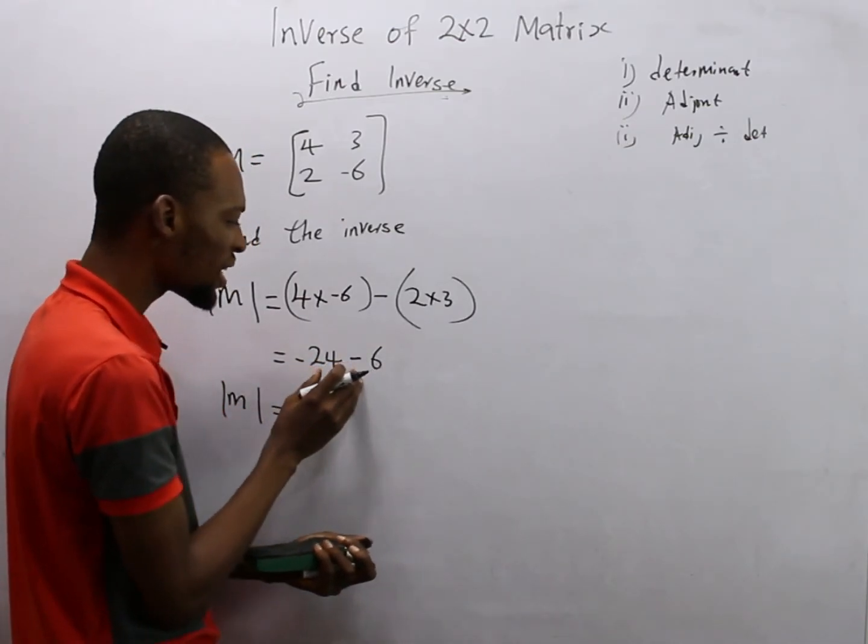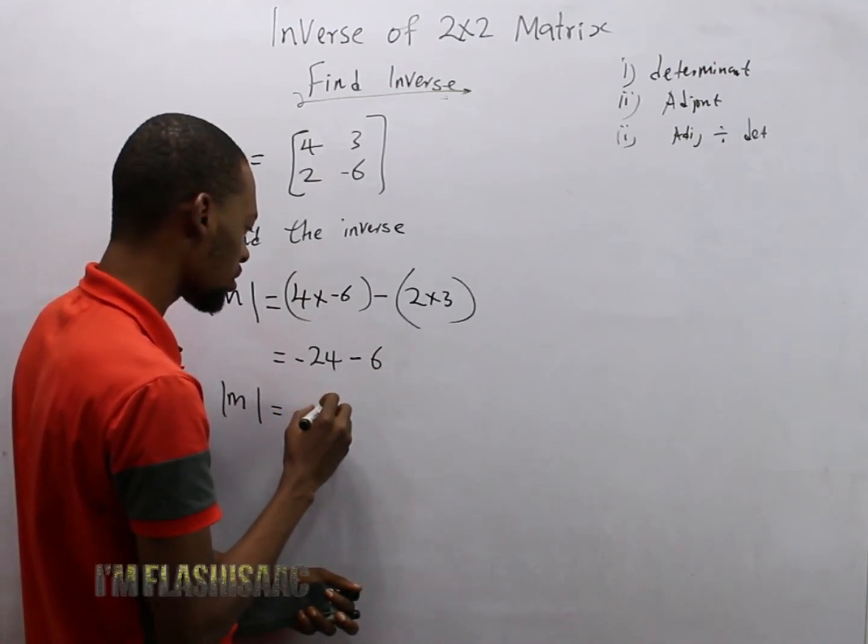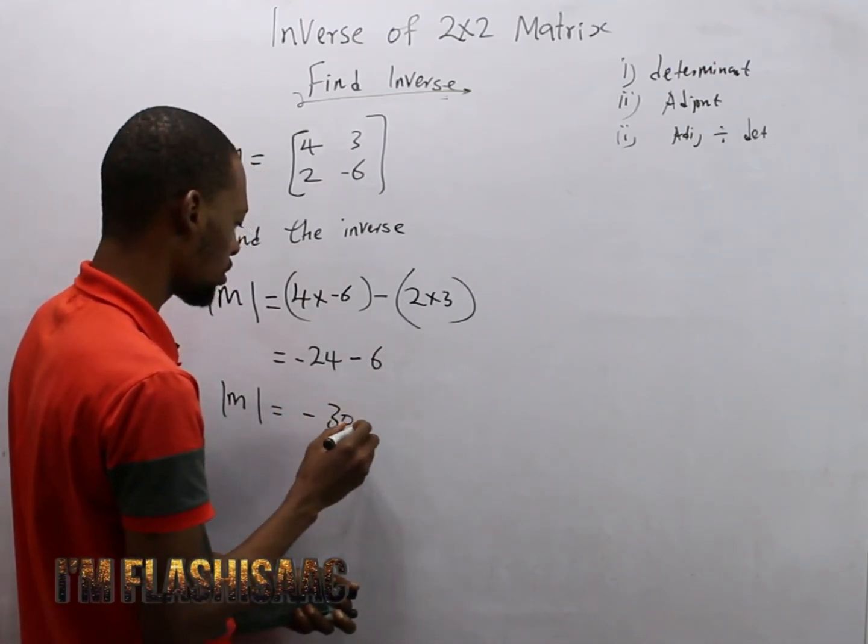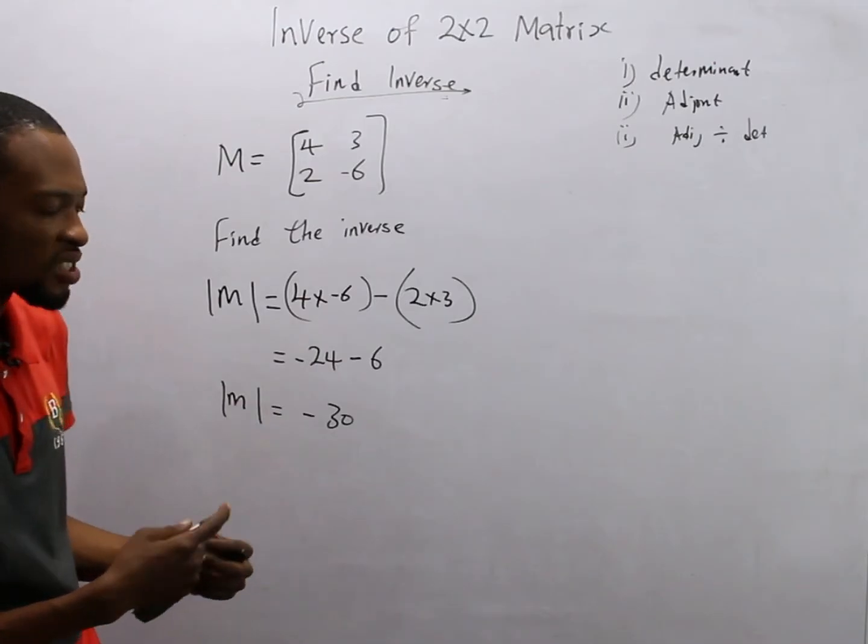Minus 24 minus 6 is simply minus 30. So the determinant of this matrix is minus 30.